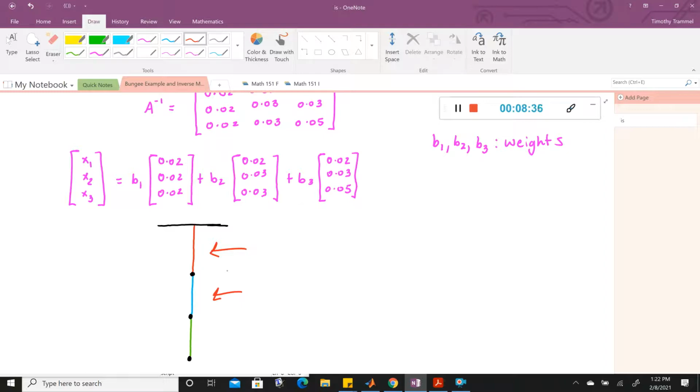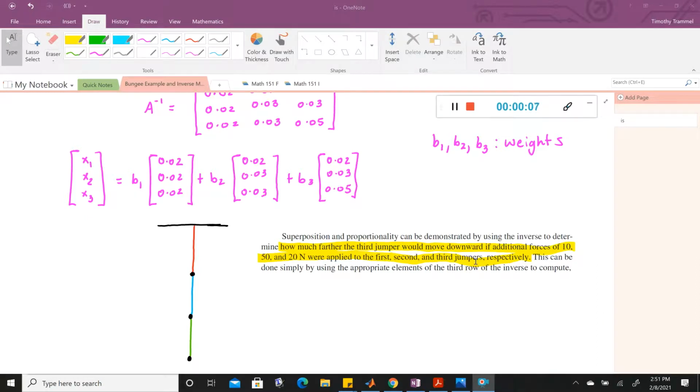But bungee jumper 3 is also going to stretch their bungee cord. So we're seeing a different displacement here for all 3, because all 3 of the bungee cords are experiencing an increase in force.